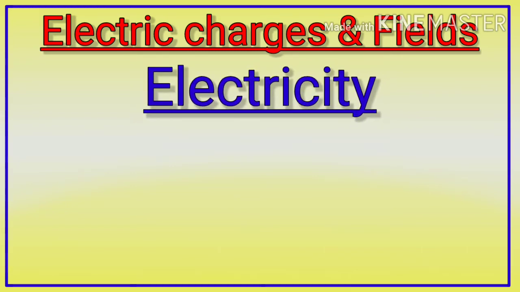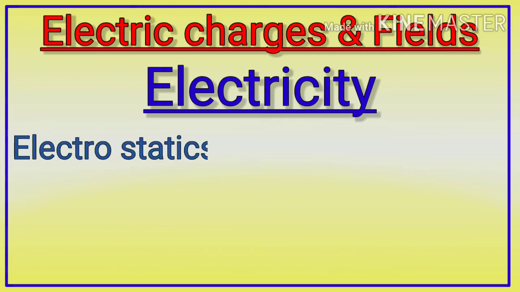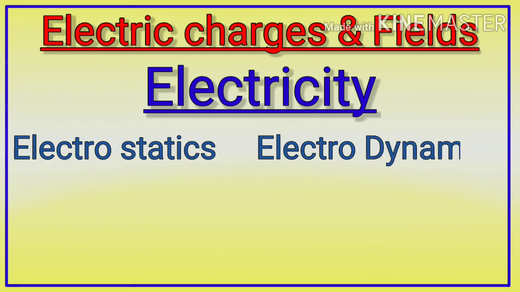Okay, dear students, the branch of physics in which electric charges are studied is known as electricity. There are two sub branches of electricity. One is electrostatics and the second one is electrodynamics.